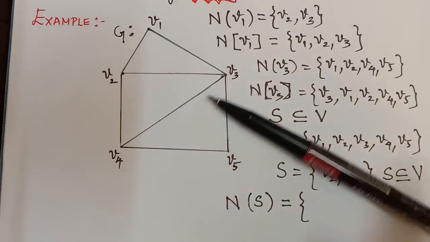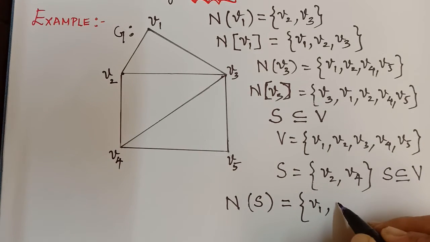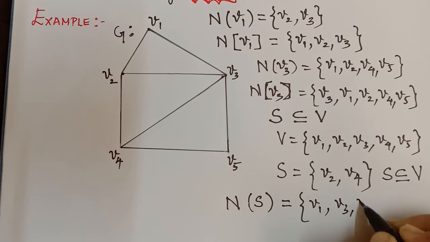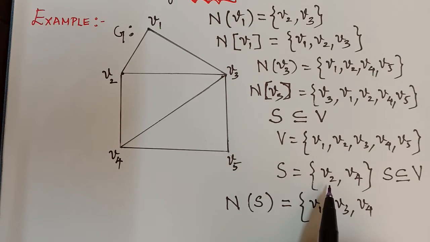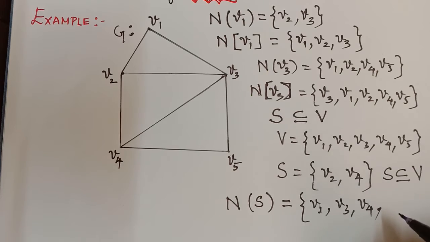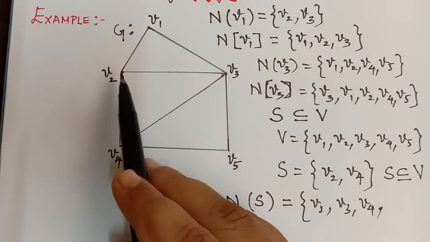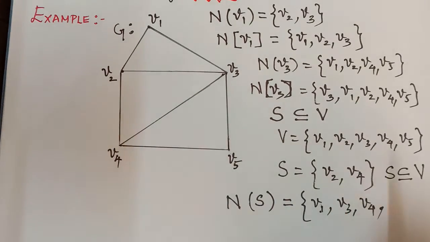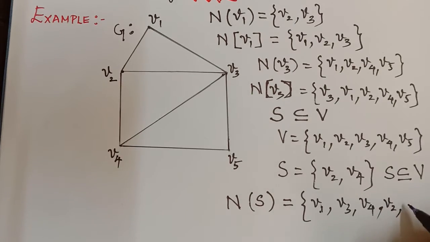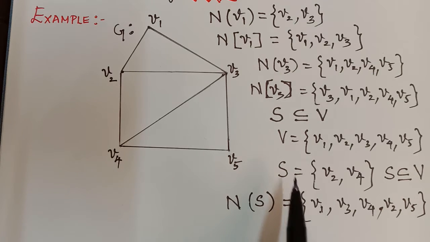So this will consist of the vertices V1, and then V3 and V4, and it will also consider those vertices which are adjacent to V4, and they are V2, V3 and V5, but it already has V3 here, so we have to write V2 and V5. Now this is the neighborhood of the set S.